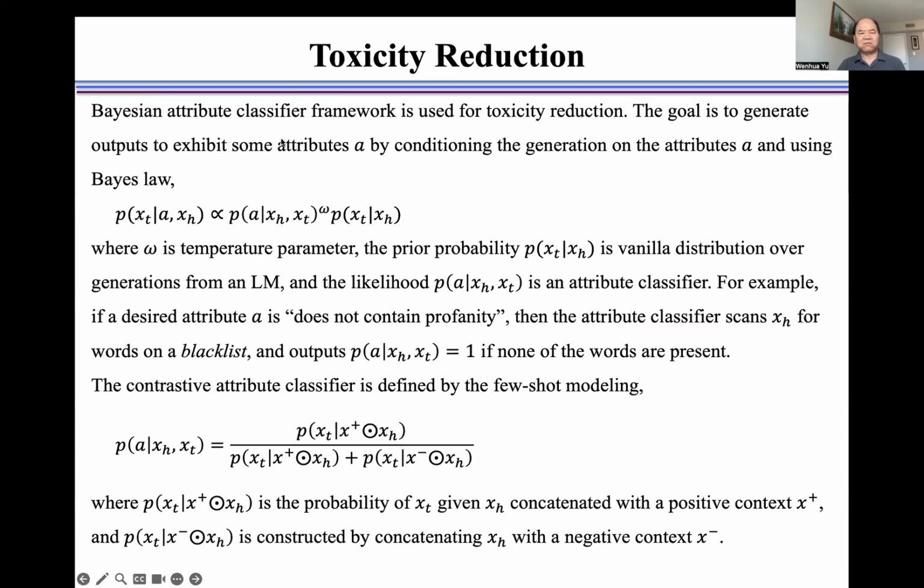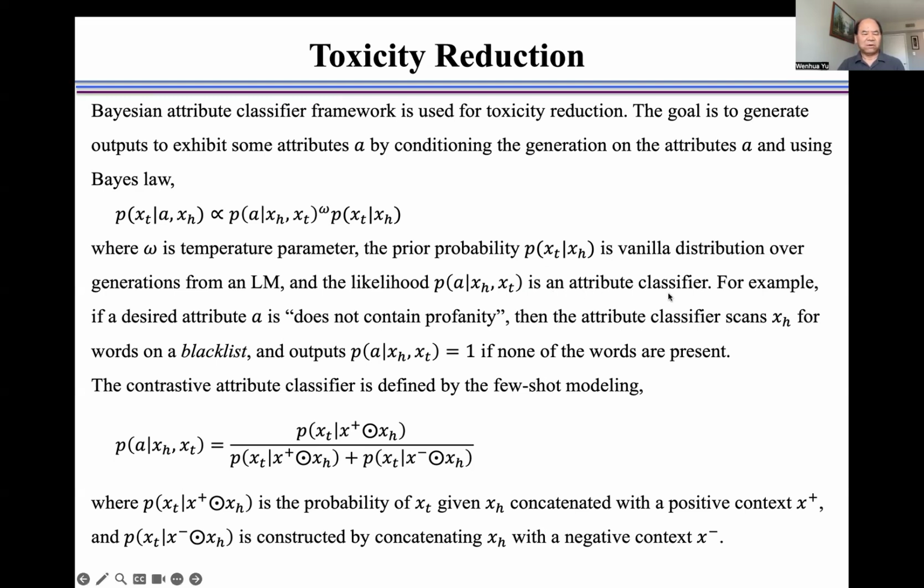A Bayesian attribute classifier framework is used for toxicity reduction. The goal is to generate outputs that exhibit some attribute A by conditioning the generation on the attribute A and using Bayes' law, as shown here, where omega is the temperature parameter, the prior probability P is the vanilla distribution over the generations from a language model, and the likelihood P is the attribute classifier.